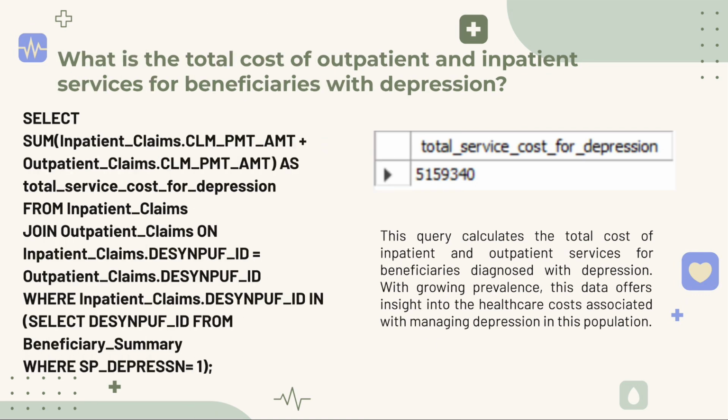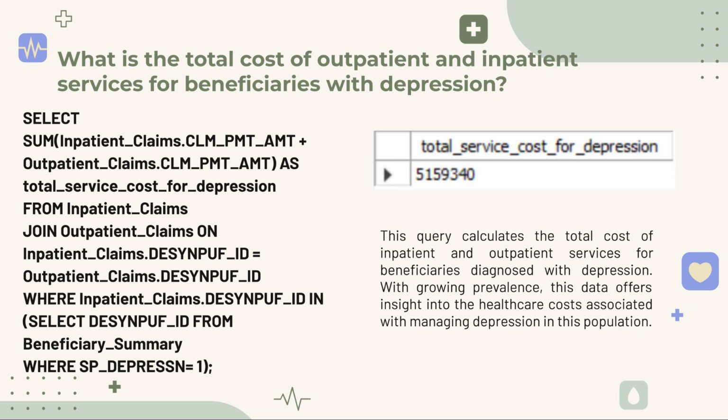My last query represents a calculation of the total cost of both outpatient and inpatient services for beneficiaries diagnosed with depression. The inpatient claims and outpatient claims were the first aspects to consider and refer to the payment amounts for both services.